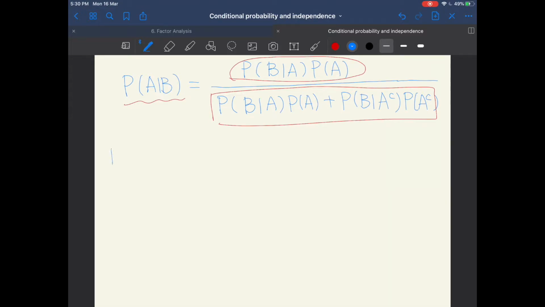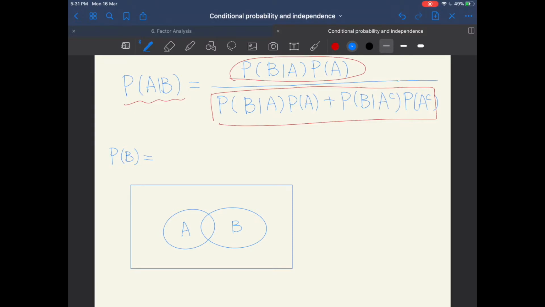Well, so P of B, which is the denominator in the first expression, can be re-expressed using a Venn diagram. So let's draw one. Let's draw a box first, then two circles. And then you realize that probability of B can actually be re-expressed as the sum of the red area and the black area, correct?